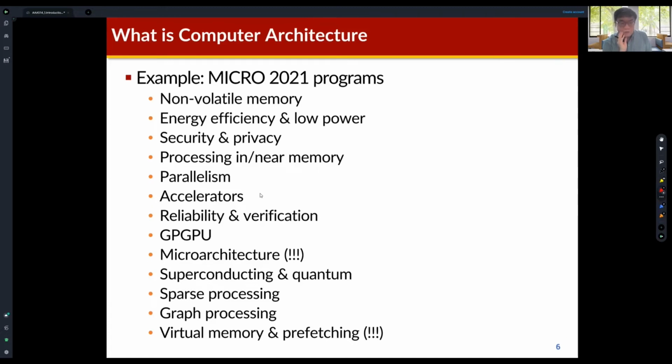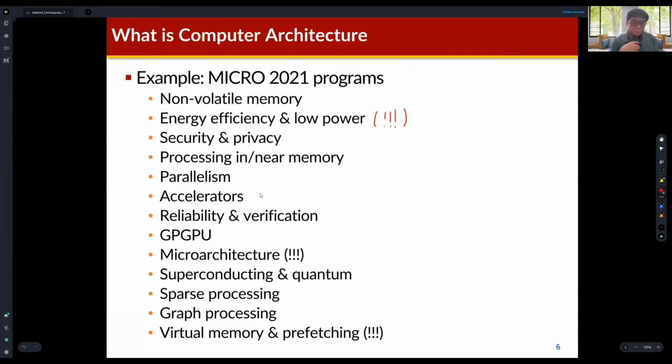I just listed the session titles of the MICRO 2021 conference. MICRO is a top-tier computer architecture conference. As you can see, what are the session names? Non-volatile memory, energy efficiency, and low power. That's traditional also.